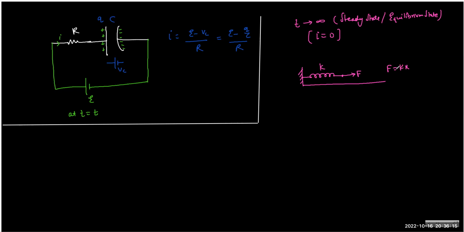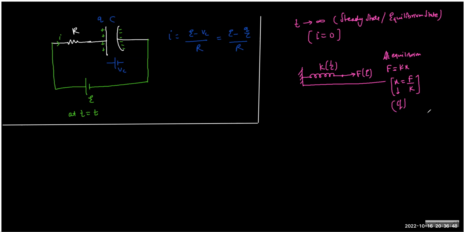So at equilibrium, F will be equal to Kx, and x equals F by K. Just like in mechanics, we write spring force equals Kx and we can say x equals F by K. In the RC circuit, you can think of F as EMF, K as the inverse of capacitance, and x as charge.